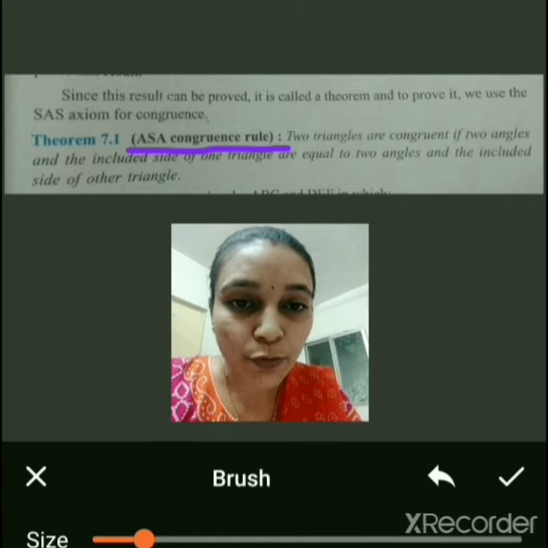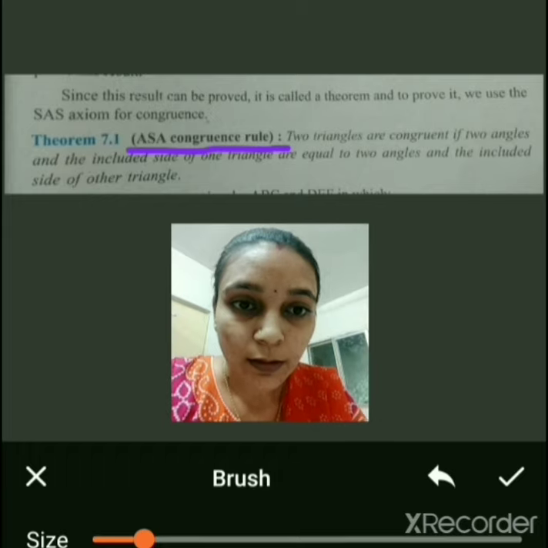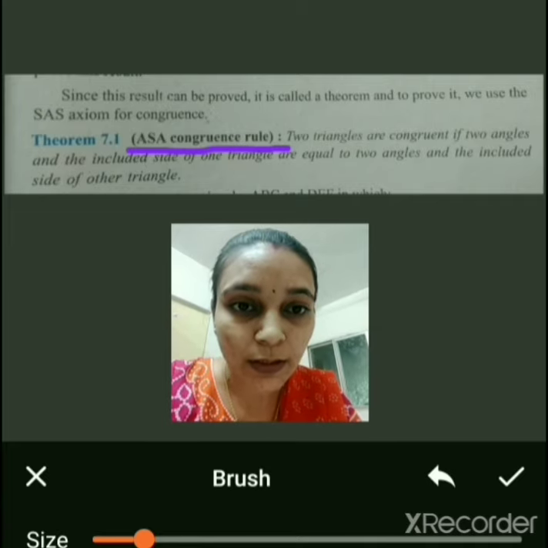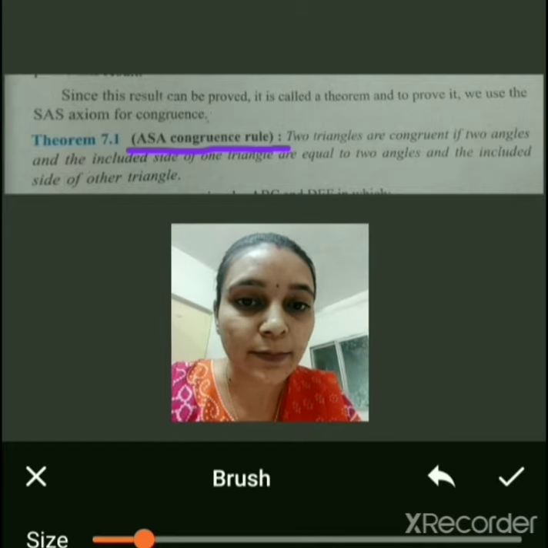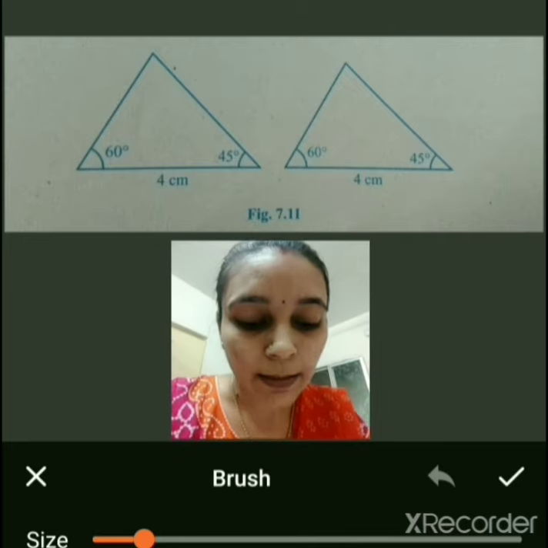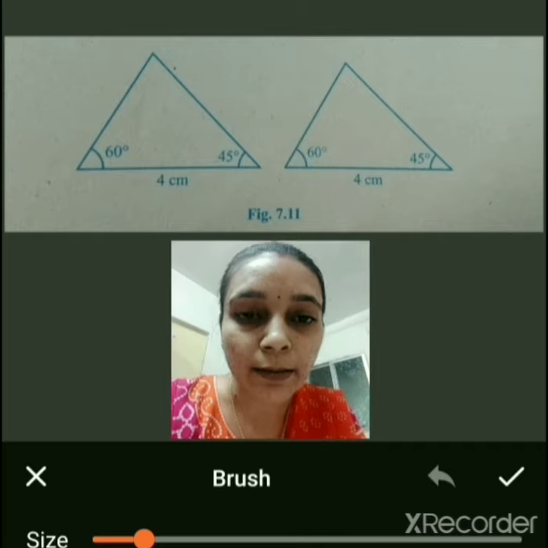You can apply this rule when two angles and the included side of one triangle are equal to the two angles and the included side of the other triangle. Let us understand ASA congruence rule by the figure, right? ASA, angle side angle.